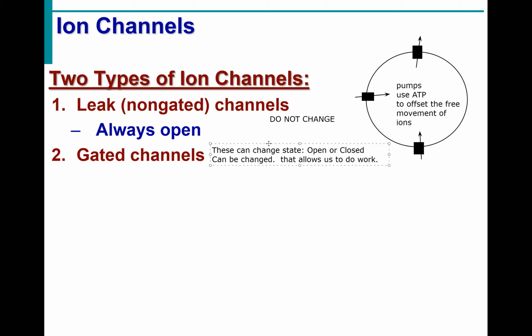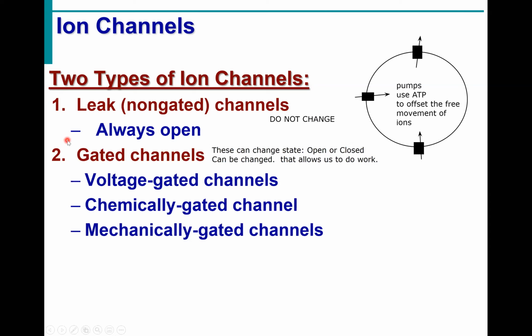Open that channel, allowed sodium into the motor end plate, and that sodium entering into the motor end plate made the cell more positive, and it was able to fire an action potential, that muscle action potential. So notice, in our last section of the class, we saw two examples of where if we opened a gated channel, we could do some type of work. And that's the key to our gated channels. They can be opened, and by being able to selectively open them, we can do work.